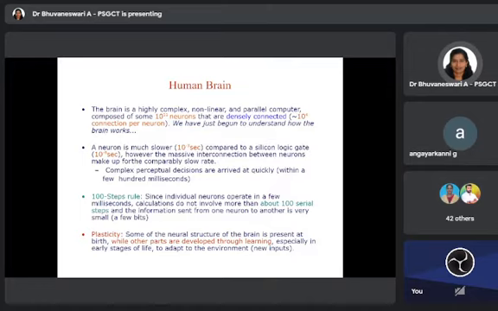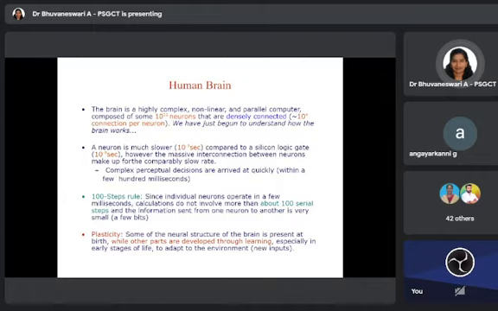It's called multitasking, and hence it's also referred to as a parallel computer. It is composed of 10 to the power 11 neurons that are densely interconnected. So it has a group of neurons connected together, which we refer to as a neural network.